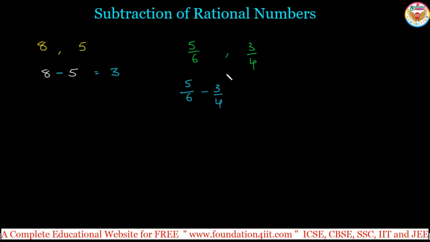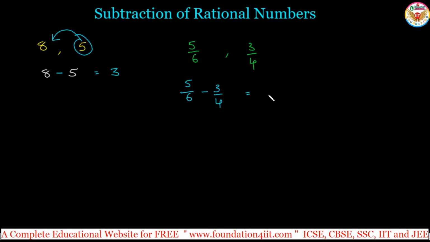If the question says subtraction of 3 by 4 from 5 by 6, then from 5 by 6 only this 3 by 4 you are subtracting. Here also same. We subtracted 5 from 8, that's why 8 minus 5. So you do the same process, but the sign in between is a negative sign.